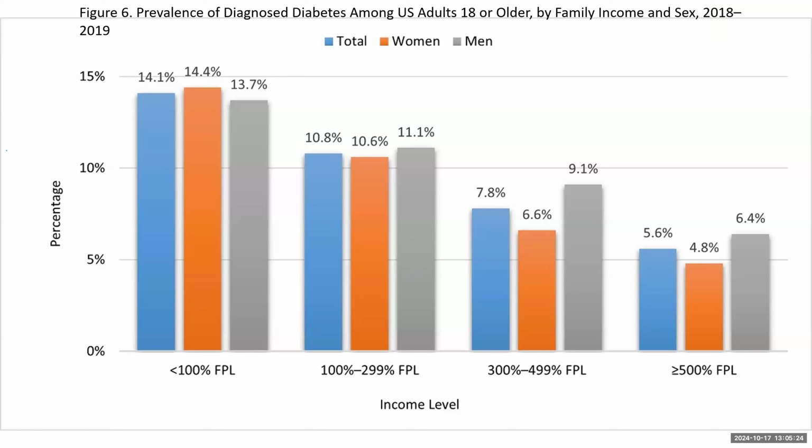No, I was still looking at the below the FPL group and just wondering, and I think somebody said it in the chat, it's quality of the medications too. When I was with Denton County Public Health, we were managing some folks in that particular group with plain old insulin and metformin.